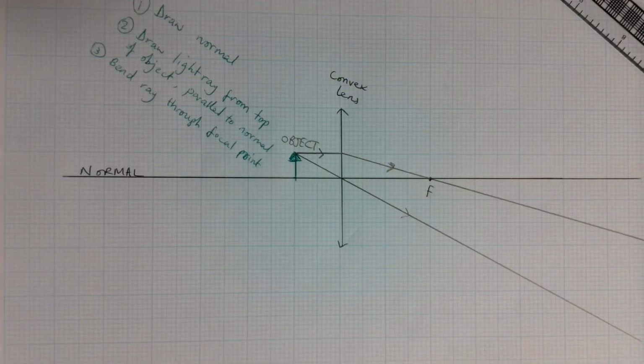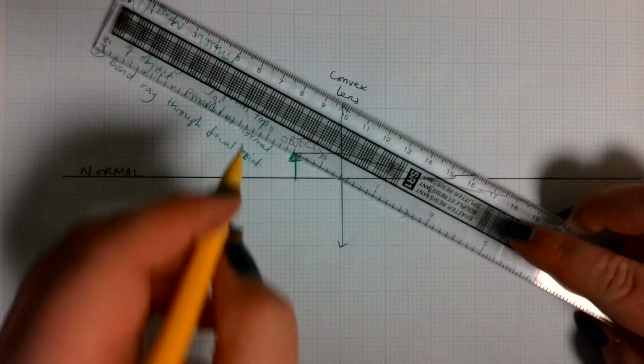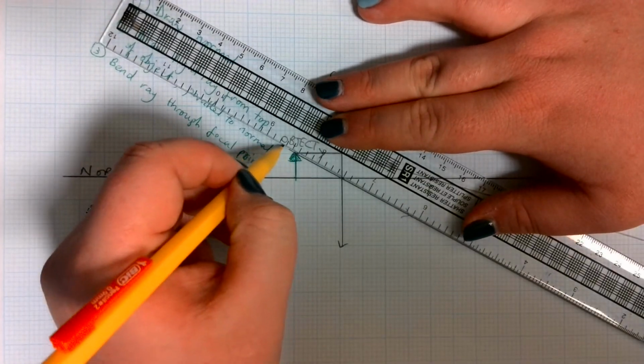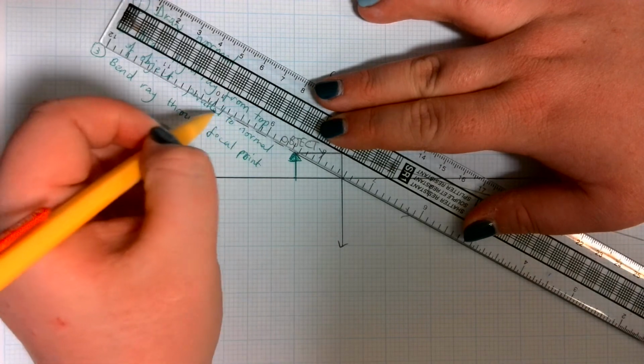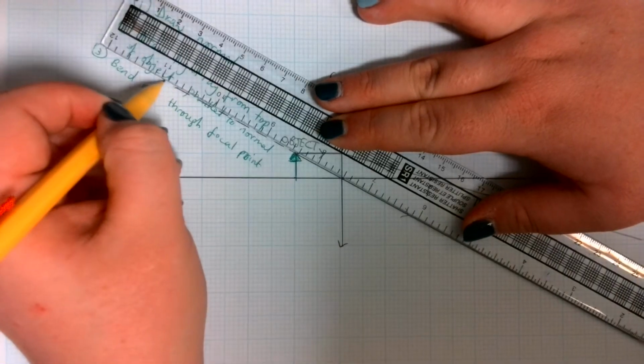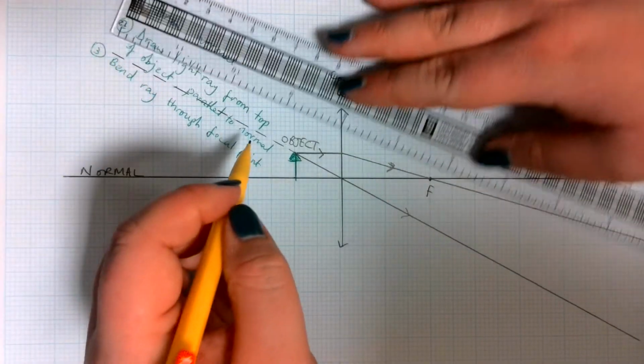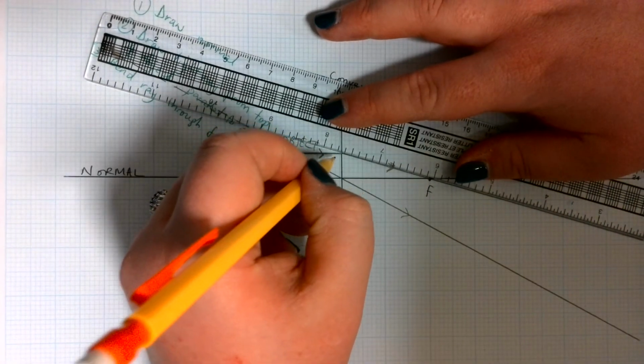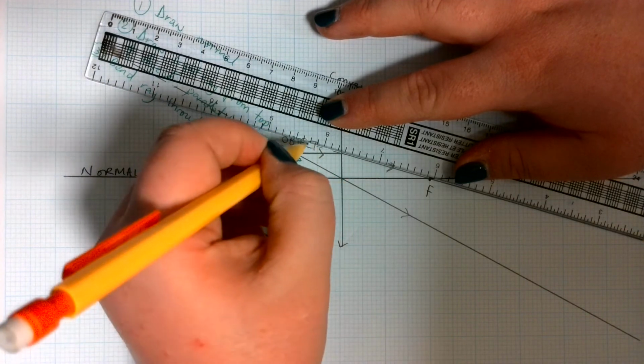Okay, so if they're not going to meet, what we need to do is extend, I apologise about my writing in the way, we need to extend these lines until they do meet. It is going backwards.